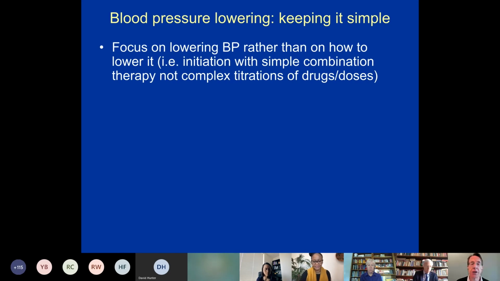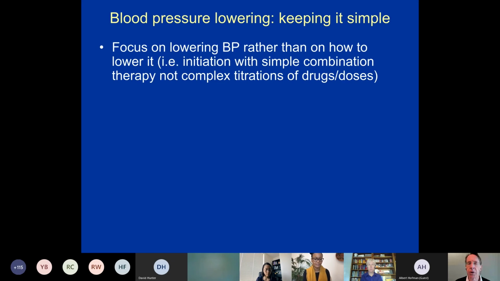The reason is that there's an enormous lot of work and description about complex titrations of which drug to start with, how to decide whether to go from the first drug to the second drug to the third drug, when all of the evidence suggests that having decided that lowering blood pressure is a good idea in an individual, it would make more sense to start with simple combination therapy rather than complex titrations, and that would be a much simpler message to be getting across in many populations around the world.